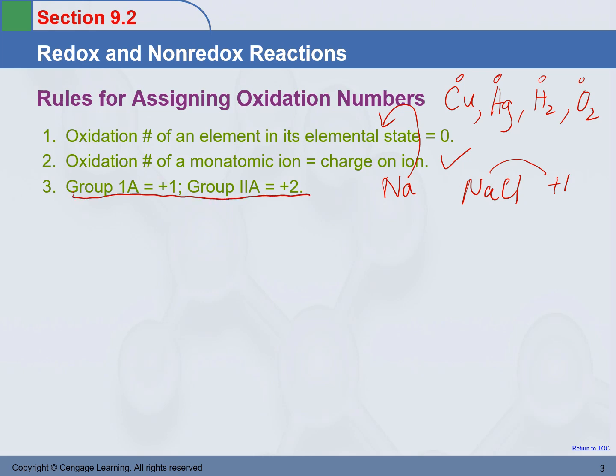Rule number 3 is actually a part of rule number 2. We all know that when in their compounds, group 1A metals will have a +1 charge, group 2A metals will have a +2 charge. So it is basically a part of rule number 2.